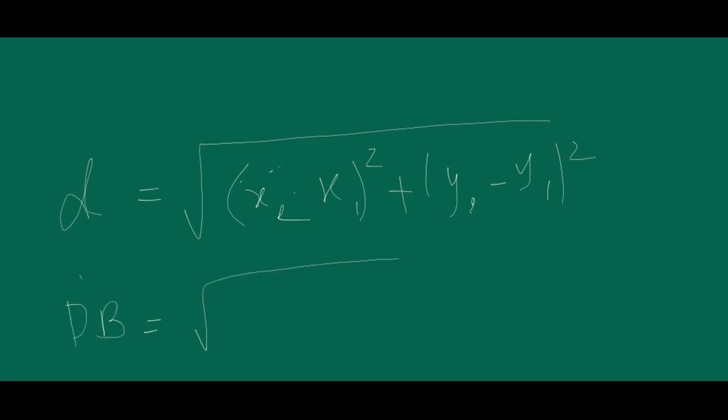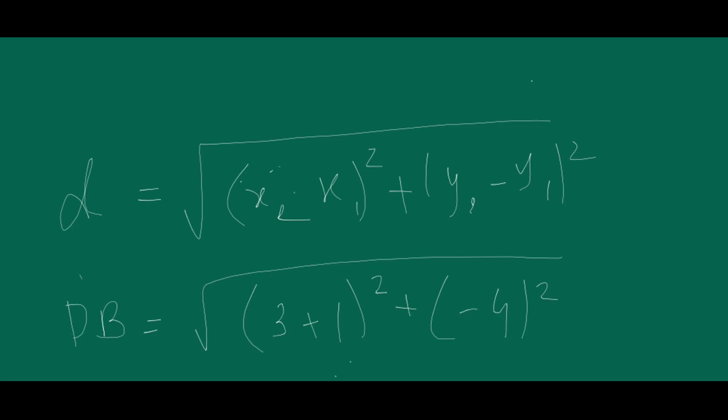BD diagonal length would be square root of x2, that is 3, minus minus 1, which becomes plus 1, the whole square, plus y2, which is 0, minus 4, the whole square.